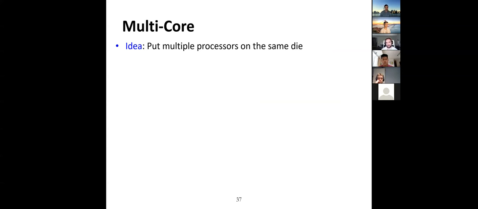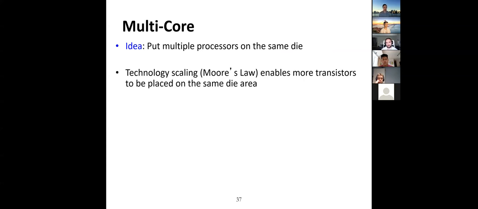So why multicores, and what's the benefit of them? As technology scales, Moore's law enables more transistors to be placed in the same die area. There are other walls that you may face. Even if you can put more transistors on the die, you may argue whether that scaling is still there or not, but Dennard scaling is definitely done.